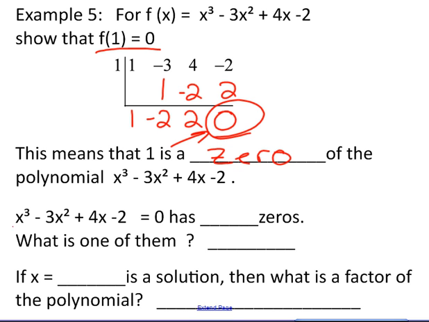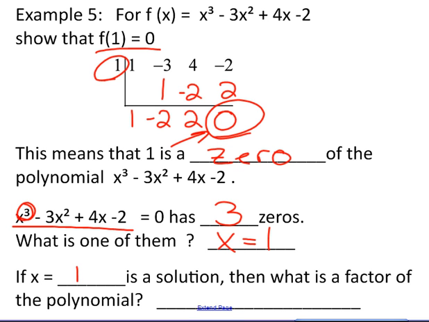Now, if I ask you to find how many zeros this function has, we look at the degree. The degree is 3, that means it has 3 zeros. If it had degree 10, it would have 10 zeros. What is one of them? Well, we already found out one of them. It was x equals 1.